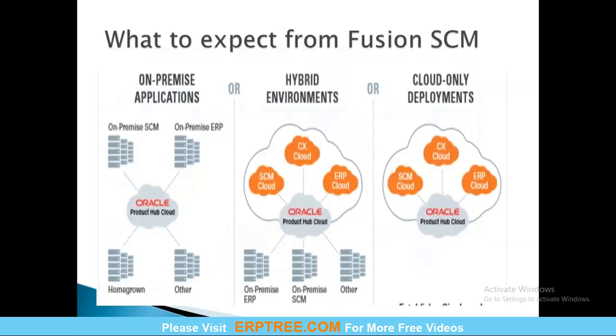So here is what to expect from your Fusion SCM, or Fusion Cloud, in other words. You can have your applications on-premise, as you can see in this picture, where you used on-premise to handle the applications, and cloud is another model where you want to have the entire applications on the cloud.